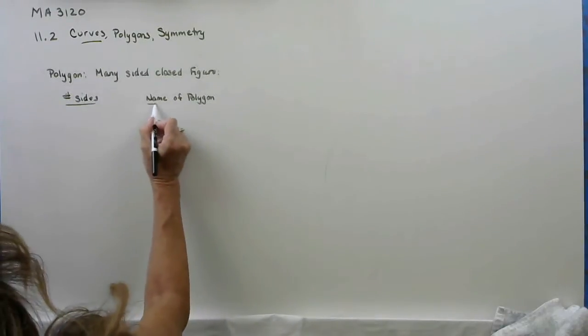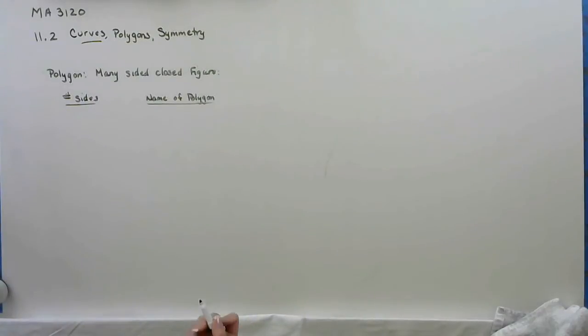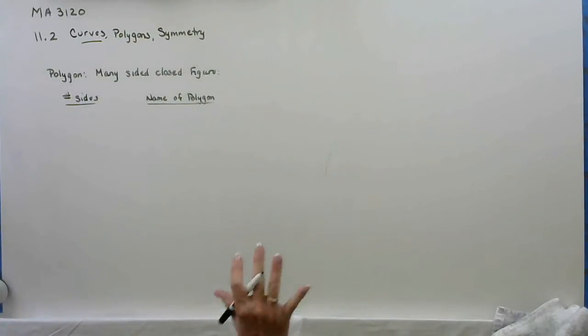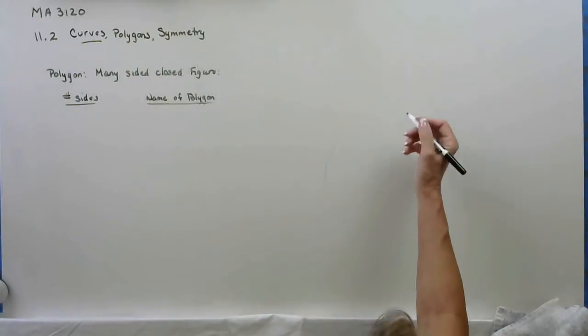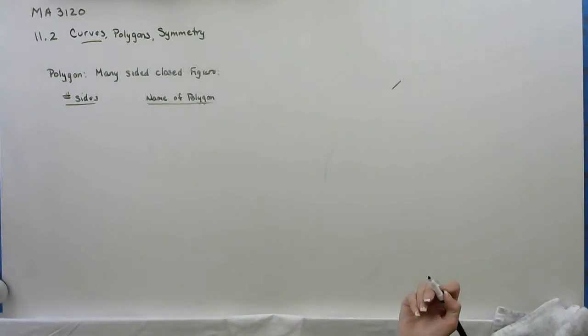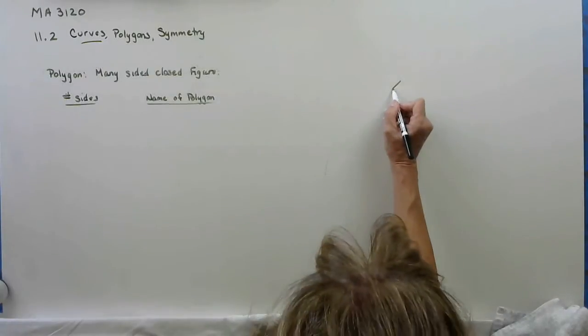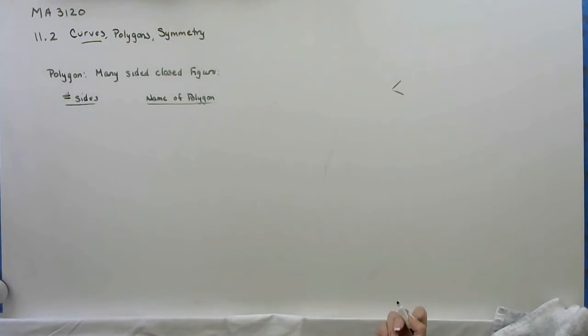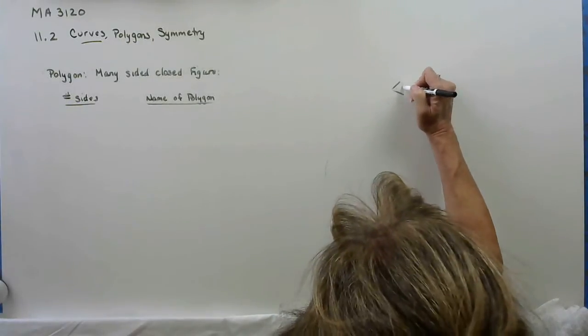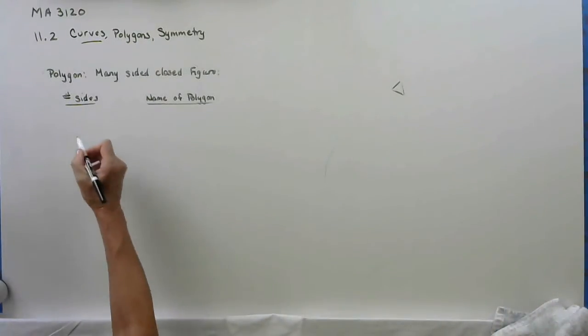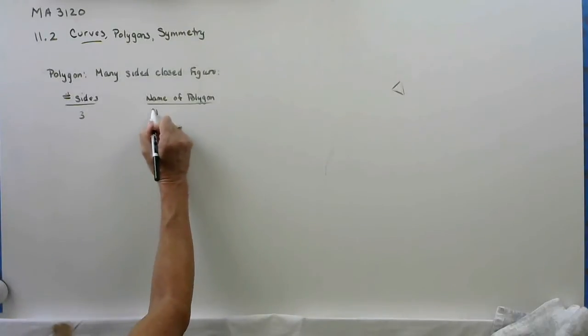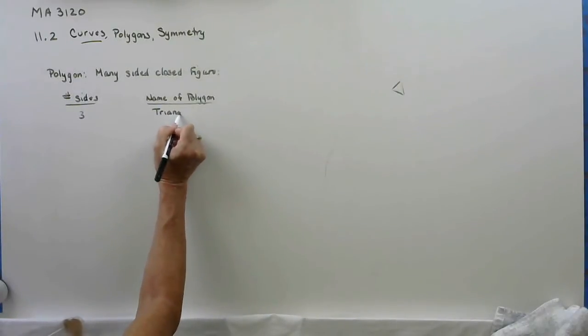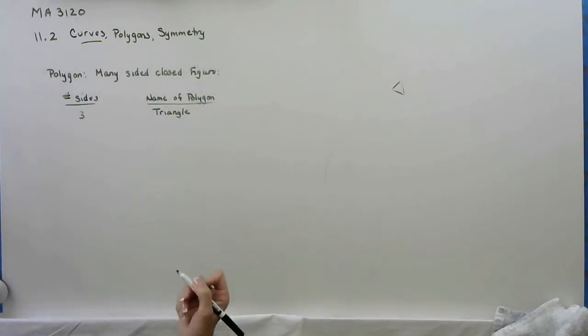Well, the smallest polygon we can have, let's think about this logically. If I have one side, it's not a closed shape. If I have two sides, again, it's not a closed figure. So the smallest polygon we can have is a three-sided shape, which we call a triangle. Prefix tri meaning three.